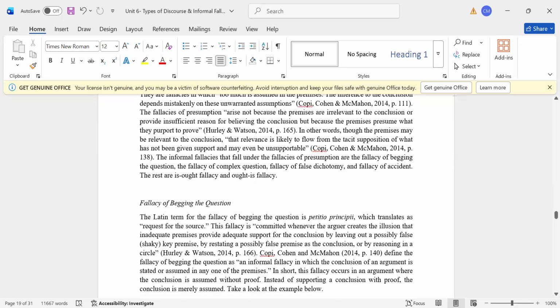One of the fallacies of presumption is the fallacy of begging the question. For each fallacy, I have provided the Latin word. In the law, they use the Latin words more than the English equivalent. Now, this fallacy is committed when you don't provide adequate information about something, but rather use the same thing for itself.